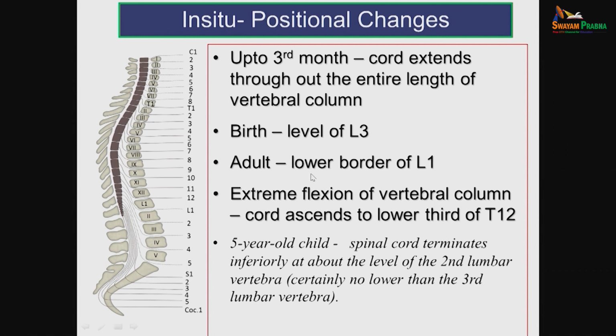In adults, the spinal cord ends at the level of the lower border of L1. If you extremely flex the vertebral column, the cord ascends to the lower third of T12 vertebra. In a 5-year-old child, the spinal cord terminates at the level of the second lumbar vertebra. Certainly, it will extend no lower than the third lumbar vertebra.